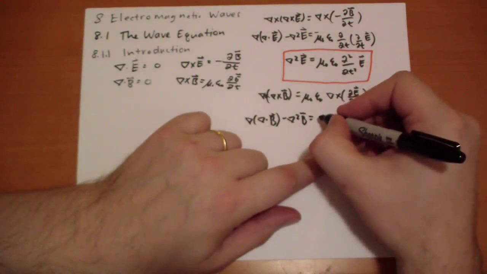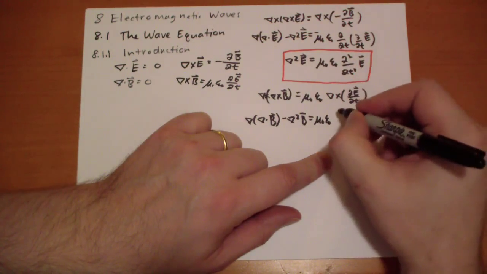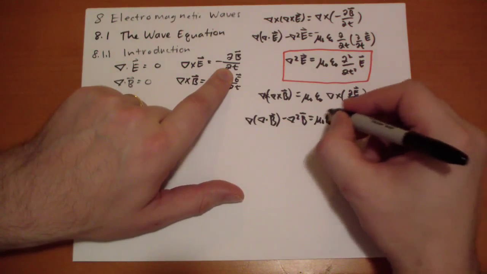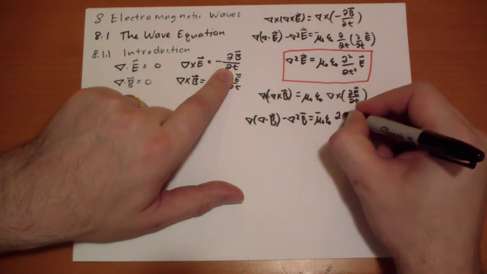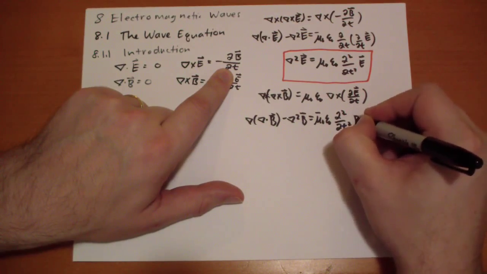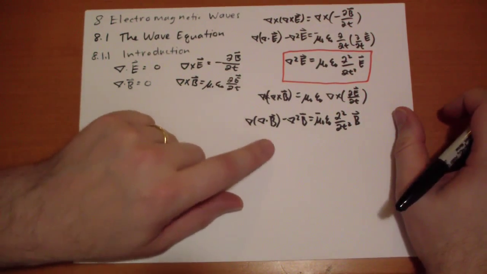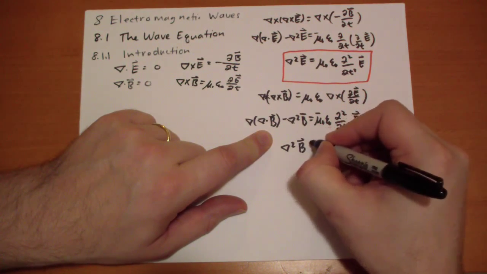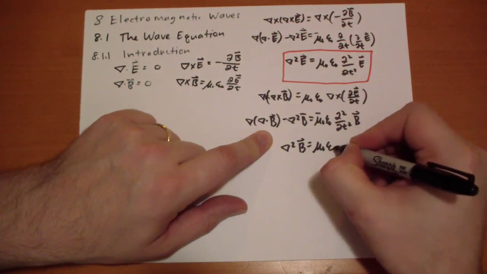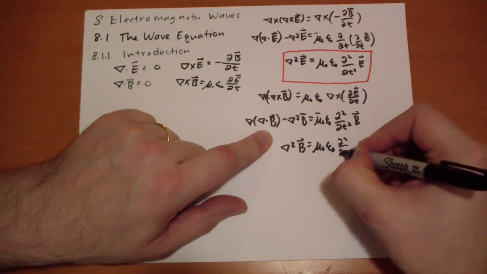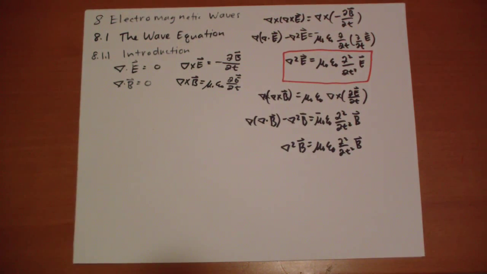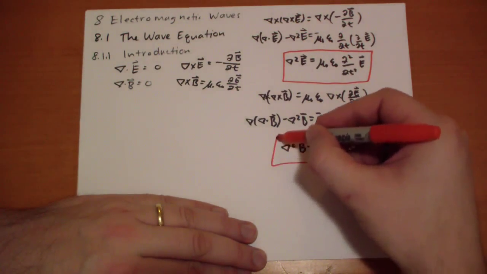And the time derivative of the curl of E, well, the curl of E is negative the time derivative of B, so negative the second derivative with respect to time of the B field. And once again, there's no magnetic charge, so we get the Laplacian of the B field is equal to mu naught epsilon naught times the second derivative with respect to time of B. So we get an extraordinarily similar-looking equation for B.